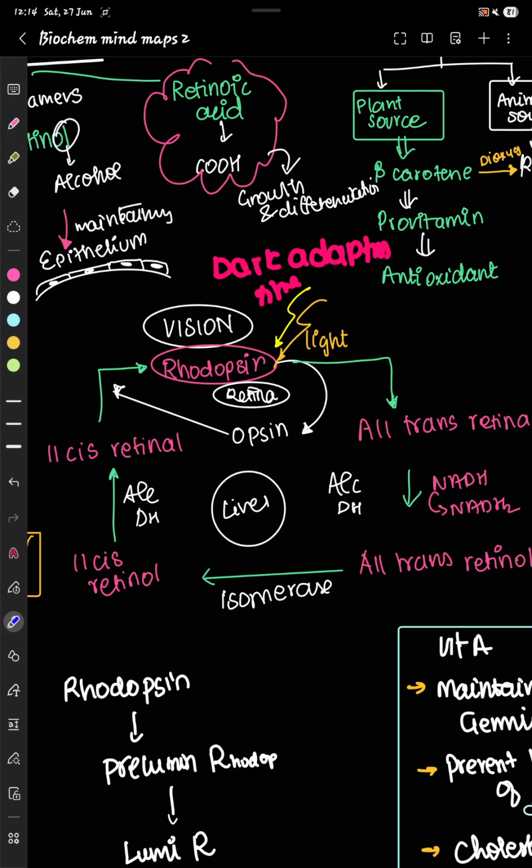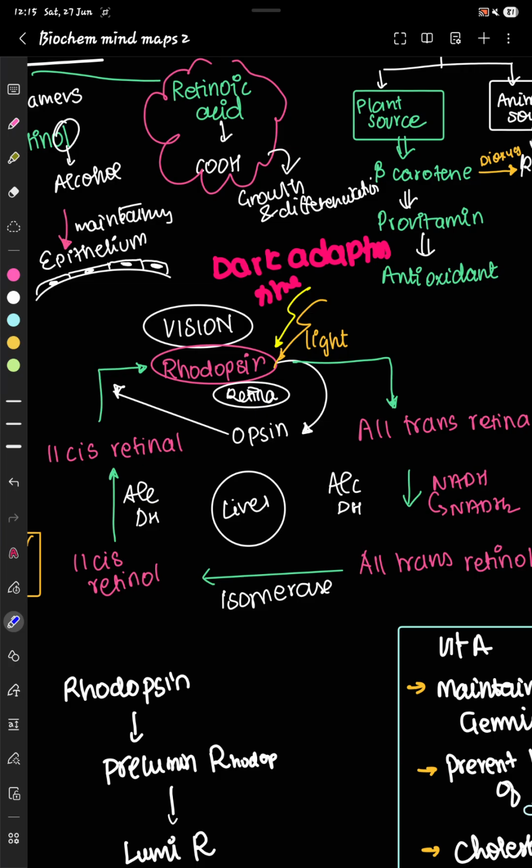This occurs because when light falls on the retina, rhodopsin breaks into opsin and all-trans retinal to let us see and identify the objects. This splitting has to occur in order to distinguish between objects. This is called dark adaptation time.